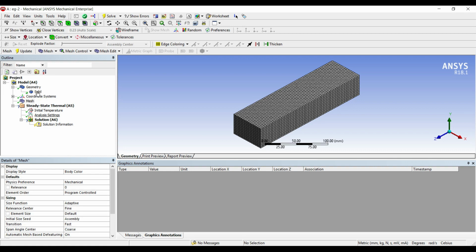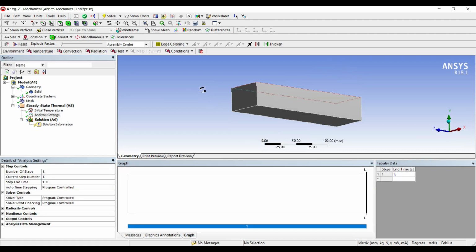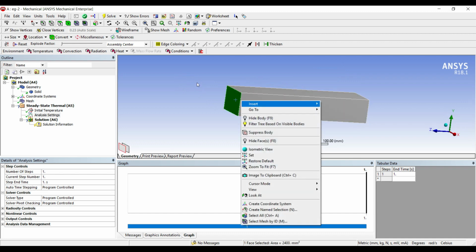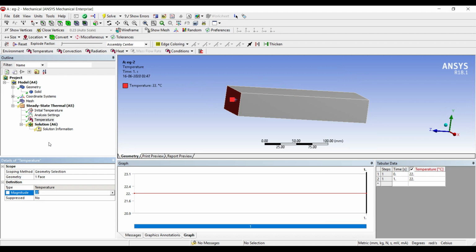Now I'll go to analysis settings. One side has temperature 60 degrees Celsius.